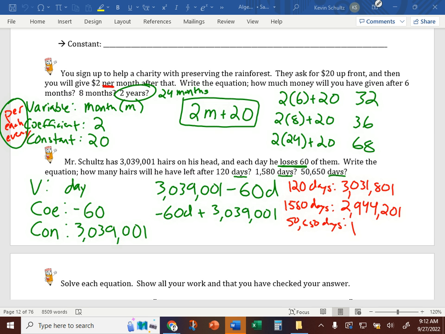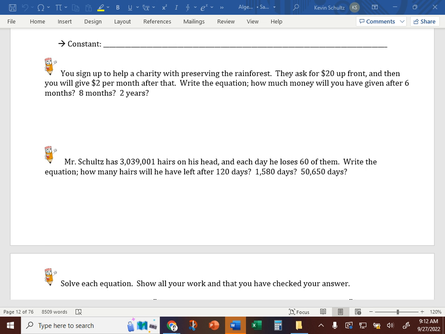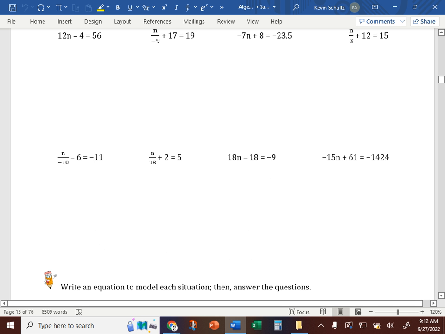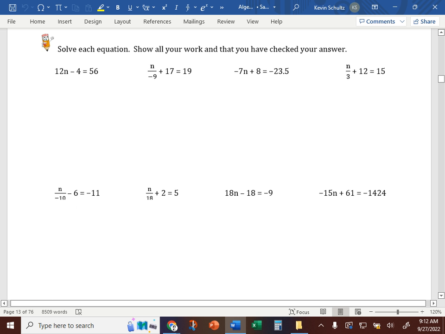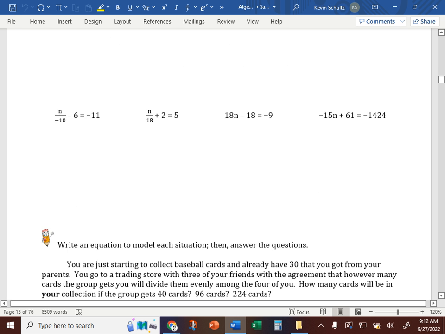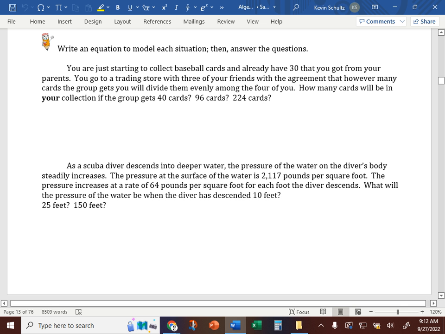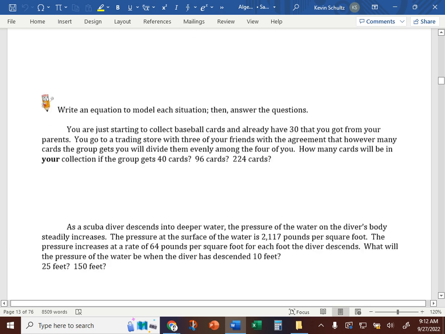Okay. All right. Your homework for tomorrow. Number game on the docket. We've got 8 to do here. Work must be shown. Show all of your work. Show all of your steps. And then you've got some word problems at the end there.